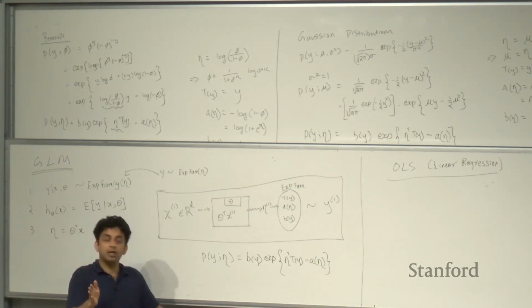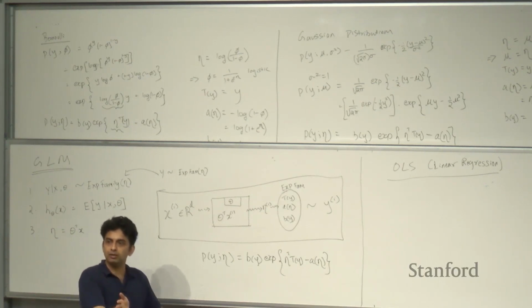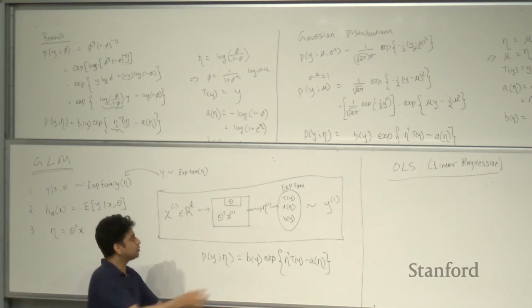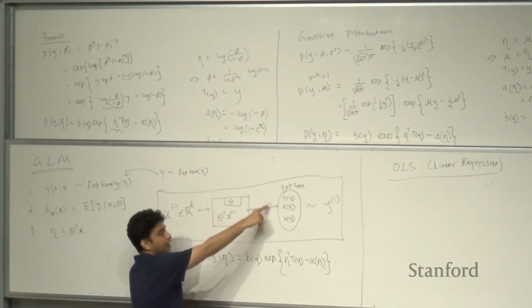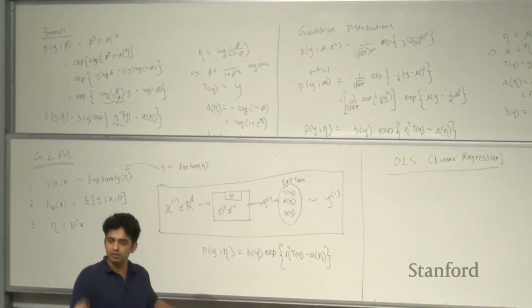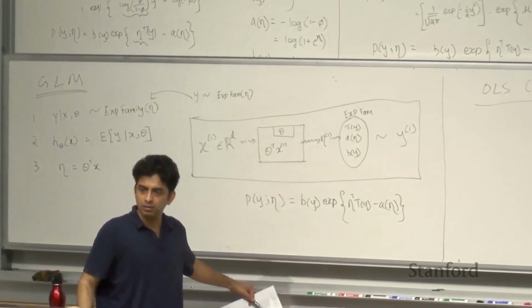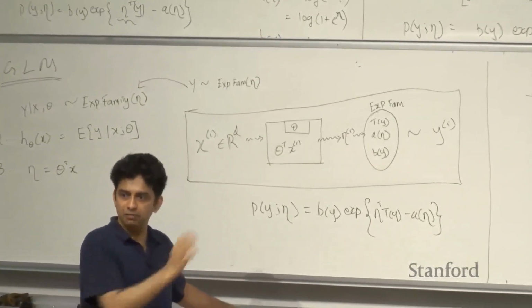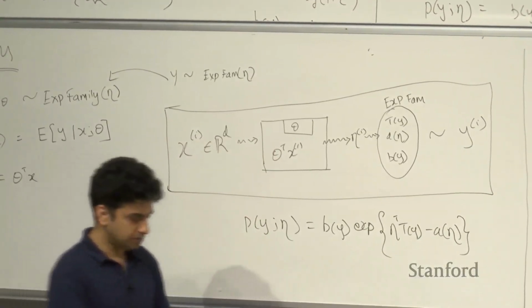Yes, eta is different for different examples, so each example will output its own eta. In this process, x_i, taking a dot product with theta, will give you eta_i of the ith example. Yes, question? So is it going to be like for every example, the Gaussian is moving across the whole thing? Exactly. I'm going to draw a picture about that shortly.